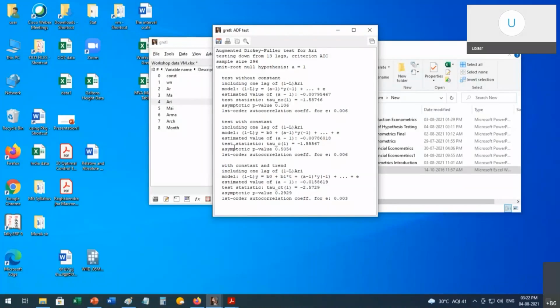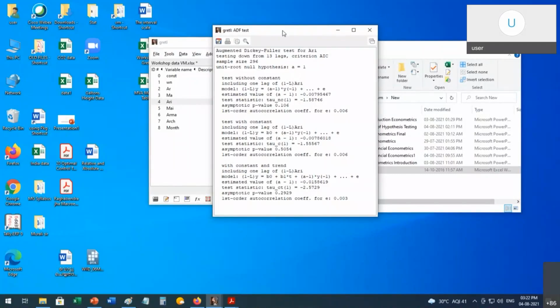This one, this one, and this one. So we are not rejecting the null hypothesis. That means there is a unit root. Now remember, we cannot stop here. We have to see whether the first differenced series has another unit root.